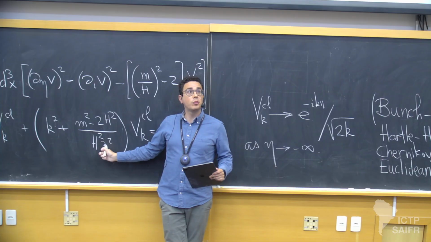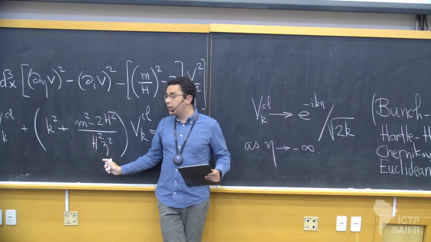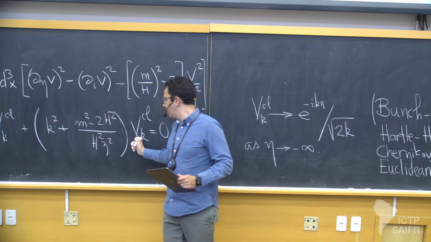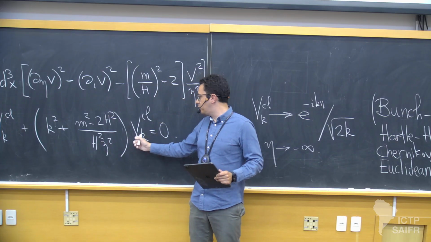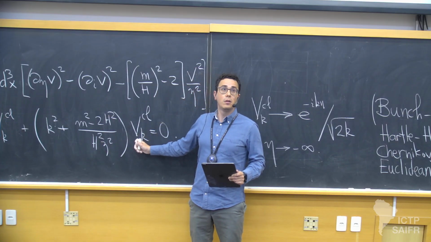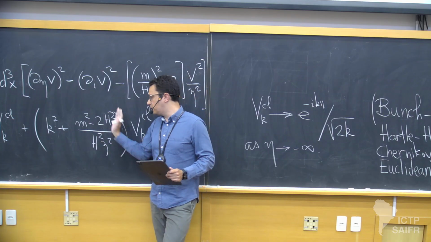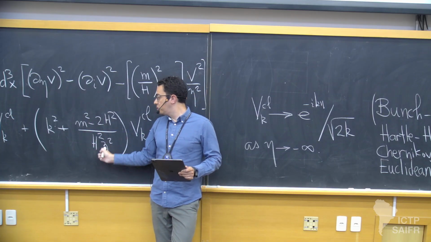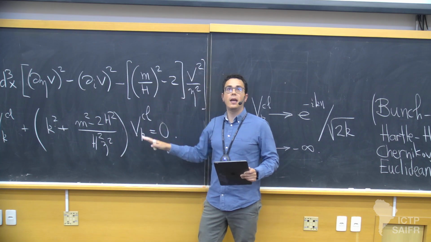But now as eta goes to 0, this term is becoming big, big, big, huge. So how do I solve the equation of motion? I need to make v go to 0, right? Let's work with a generic, big mass. So eta is going to 0. This thing is decaying, okay?